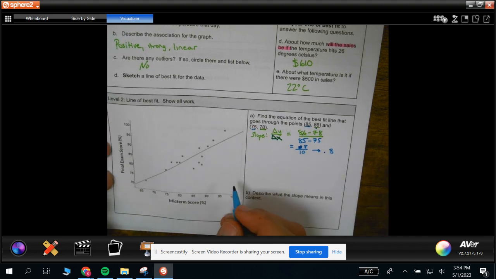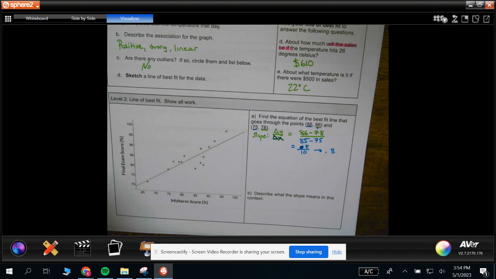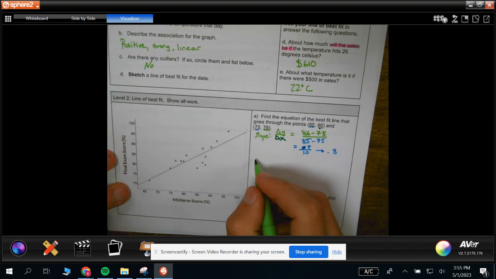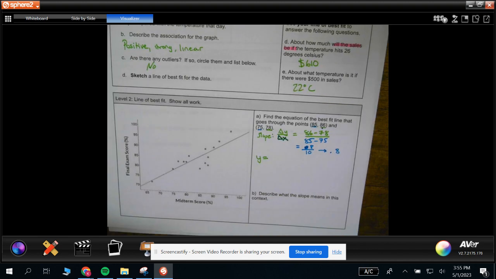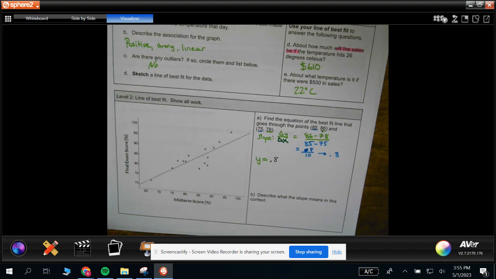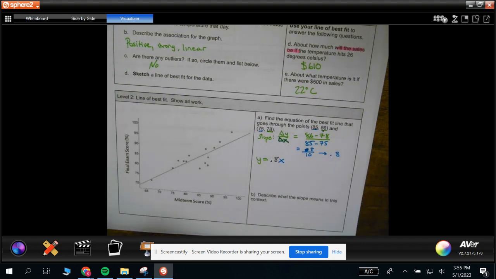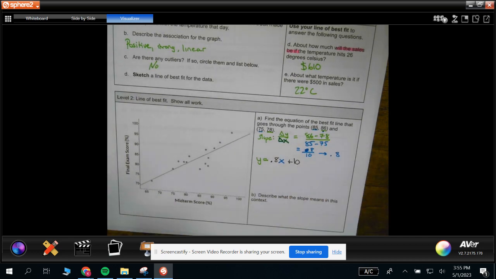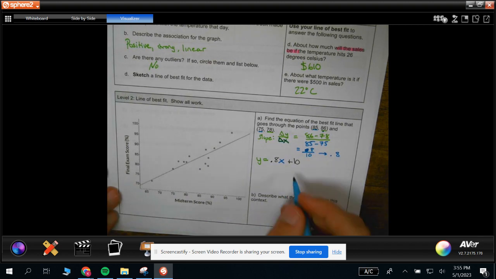Okay. Now, as I think about my equation, it is going to be y equals my slope, 0.8, x plus b. Now you're going to see why I'm using all these crazy colors here in a second. I know my slope is 0.8 because that came from right there. Now, I want to solve for this b value.